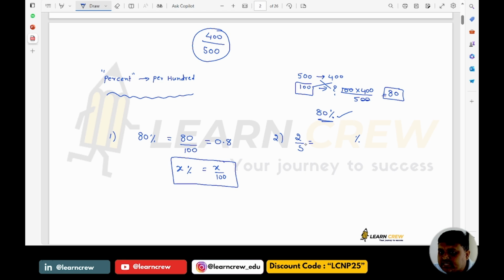To convert a fraction to percentage, we have to multiply that fraction with 100. So 5 twenties are 100, 2 twenties are 40, so you will get 40%. So to convert a fraction into percentage, multiply that fraction with 100.